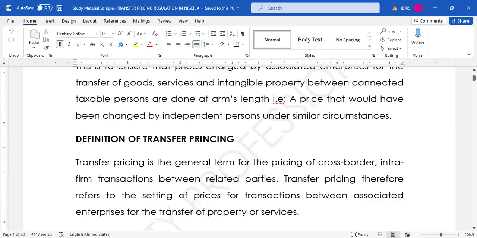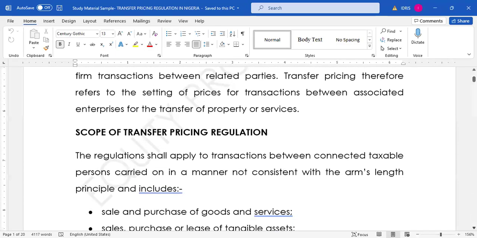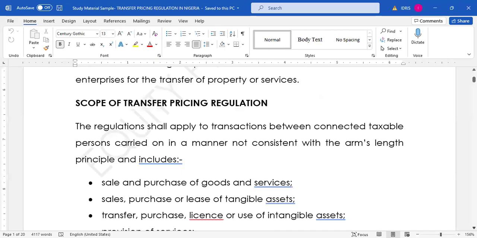That is the price FRS will accept for A to transfer goods to B. That is what transfer pricing entails. Now, let's look at the scope of transfer pricing regulation.